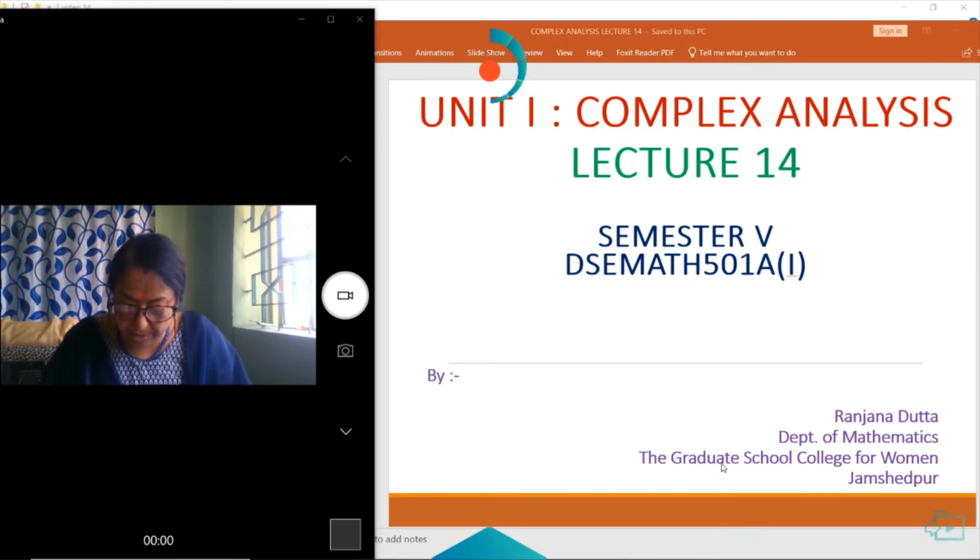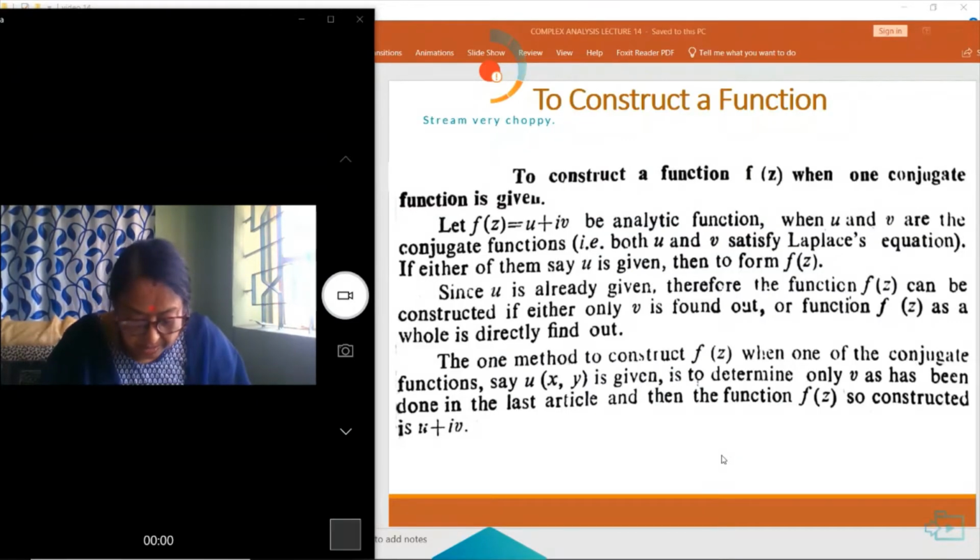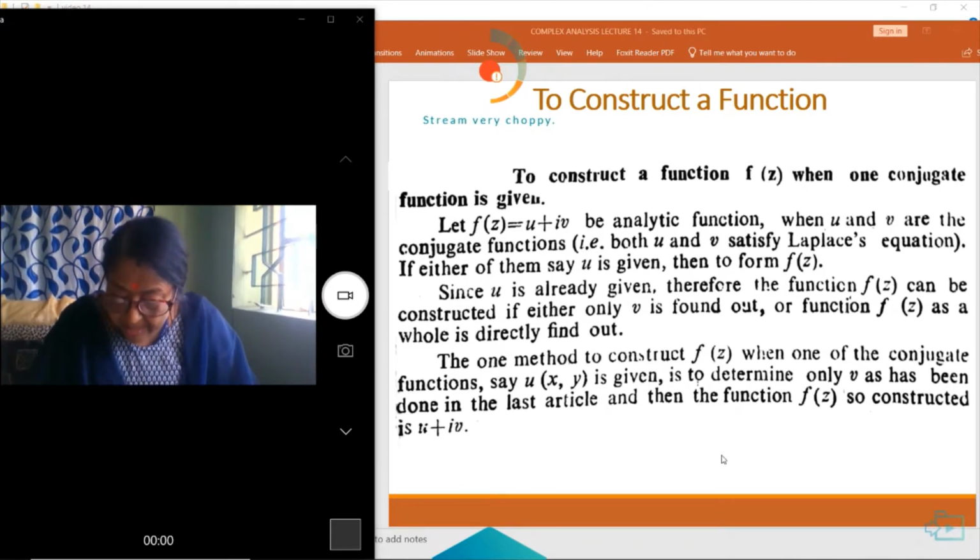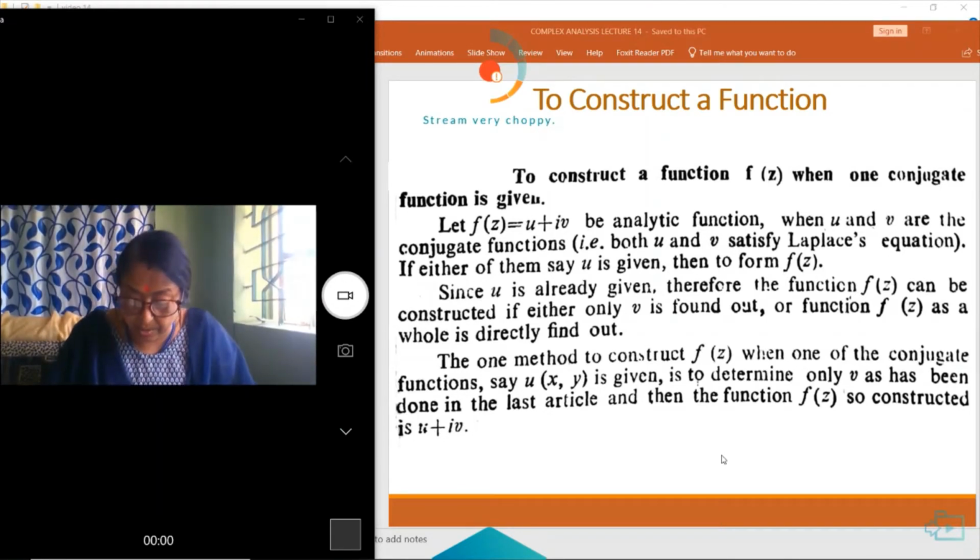Today we are going to study how to construct a function f(z) when one conjugate function is given. Let f(z) = u + iv be an analytic function, where u and v are conjugate functions, that is, both u and v satisfy the Laplace equation.